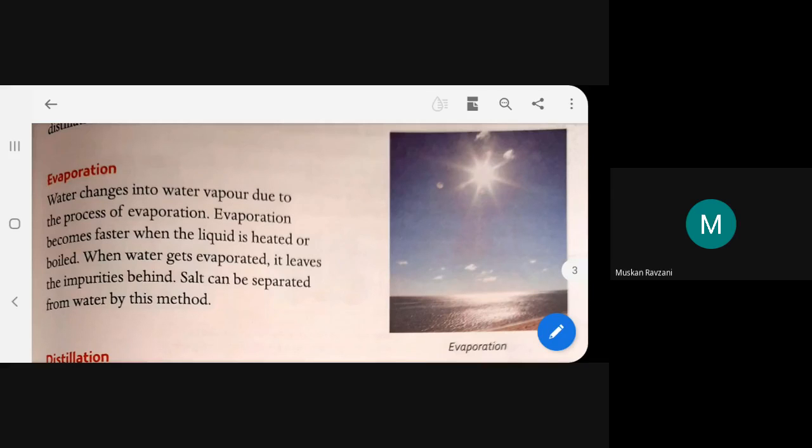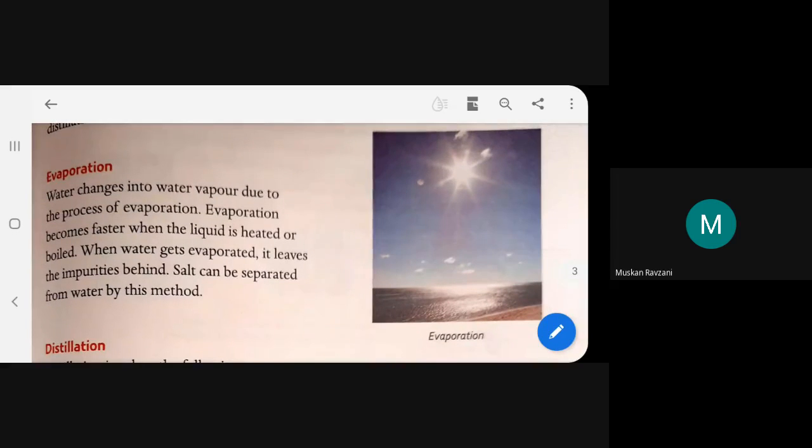Salt-like impurities can be separated through the method of evaporation, and we can do it at home also. We can take a vessel, add some amount of salt inside it, and pour water, then put it on the gas stove and observe it properly. All the water present inside that vessel evaporates, and at the bottom of that vessel, which thing is left? Salt. So this method is known as evaporation.